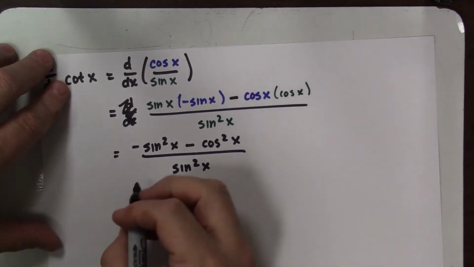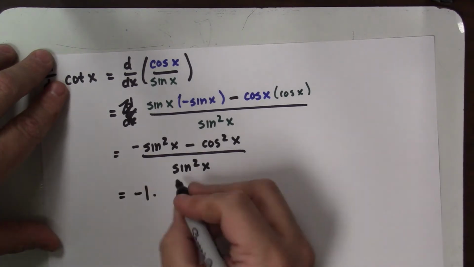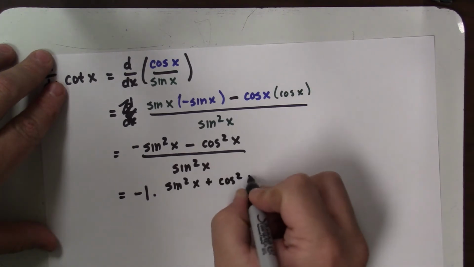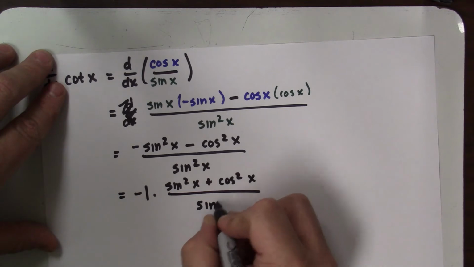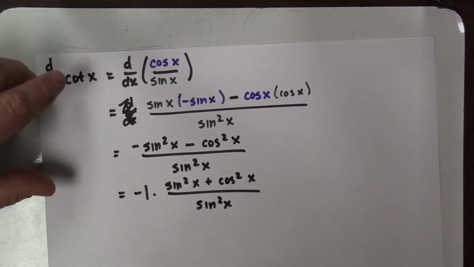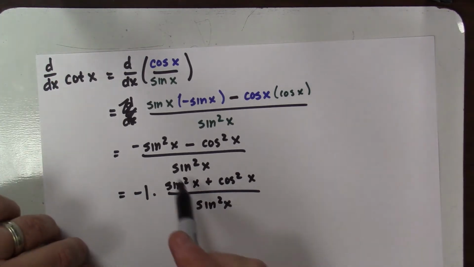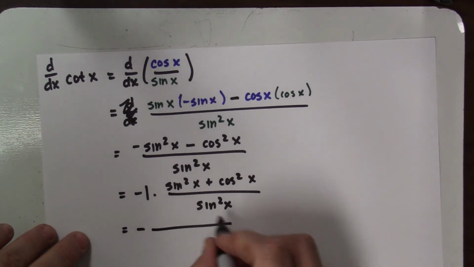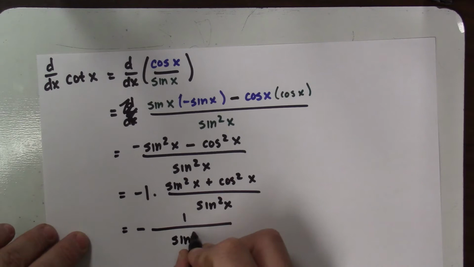Now, I'm going to factor out a negative 1, so I've got negative 1 times sine squared plus cos squared all over sine squared. Now, if we go back, sine squared plus cos squared is 1, so I have negative 1 over sine squared x.